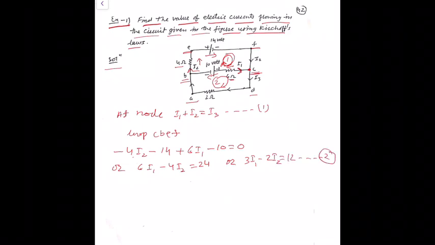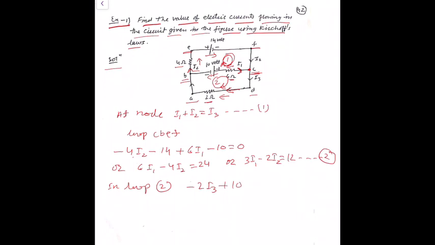It is equation 2. Now in loop 2: minus 2 I3. Here in the resistance 2, the direction of traversal and the direction of current I3 are both the same, so minus 2 I3 plus 10.